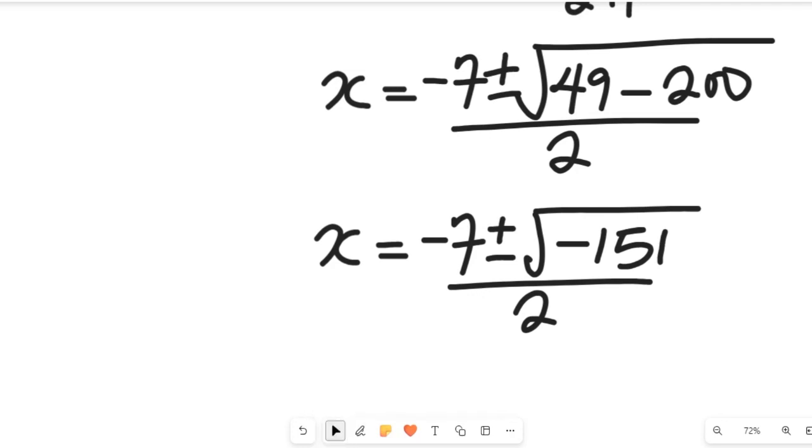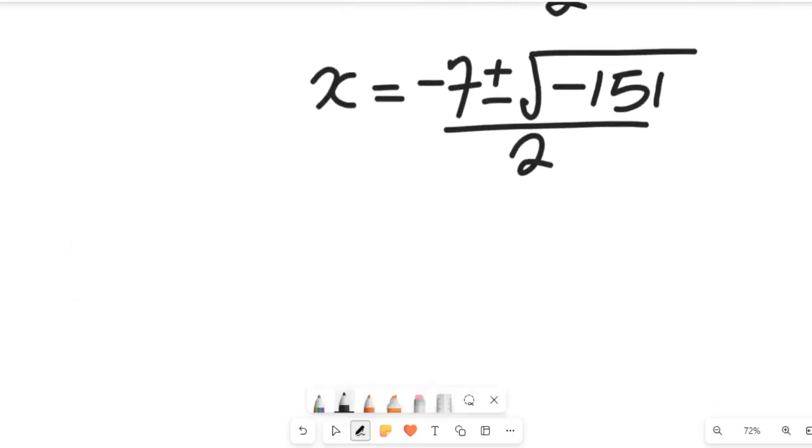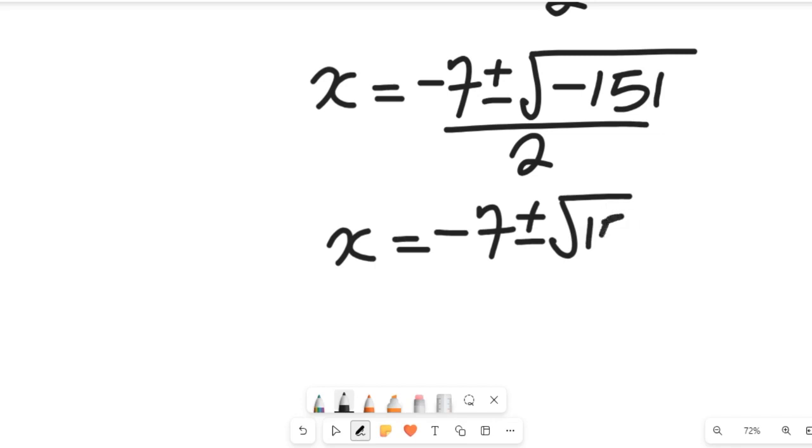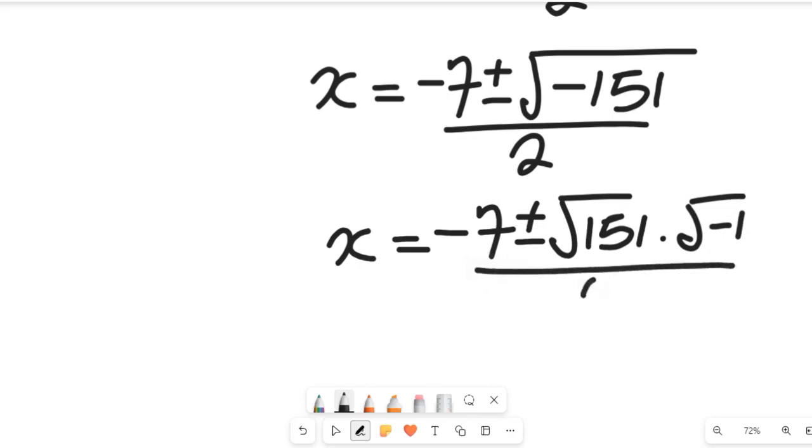So we can separate that value to give us x equal to negative 7 plus or minus the square root of 151 multiplied by the square root of negative 1, divided by 2. Now recall that the square root of negative 1 is always equal to an imaginary number i.